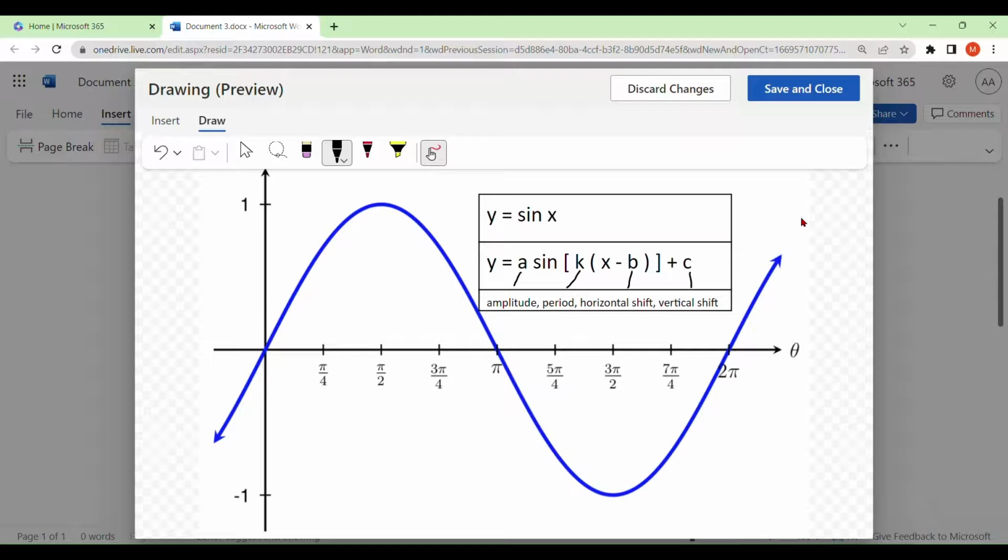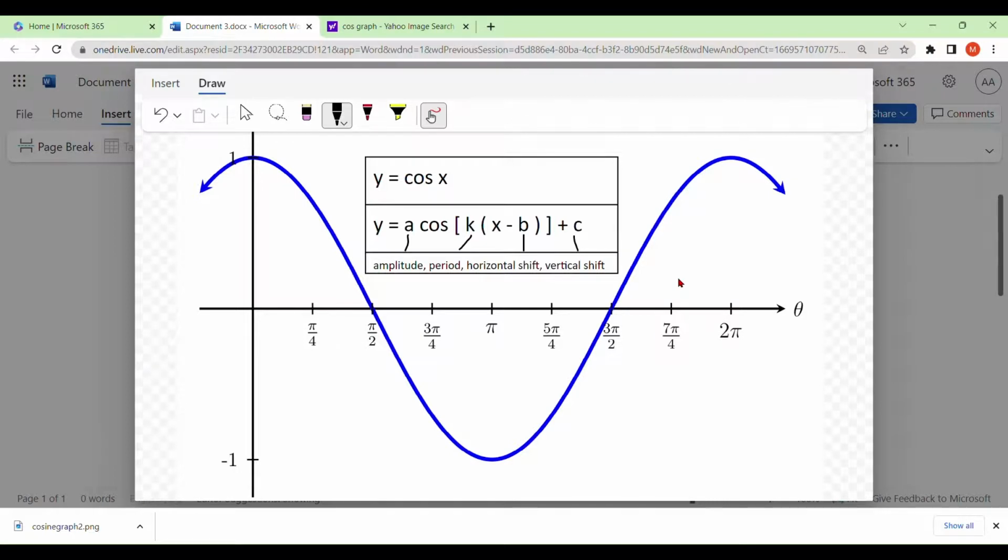The general form of equation of sine, cos, and tan graphs is y is equal to a sine k times x minus b, plus c, where a is the amplitude or height of the graph, k is the period, or you can say in how many cycles it has completed the graph, so in 2 pi or in pi, 360 degrees or 180 degrees. x is theta, b is the horizontal shift, meaning how many steps it has taken to the right or left, c is the vertical shift, how many steps it has taken up or down, so on the x-axis.